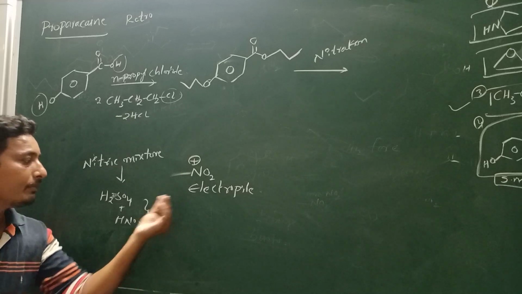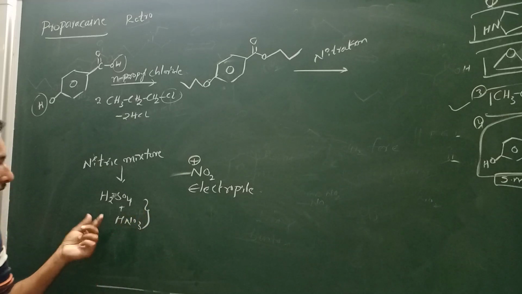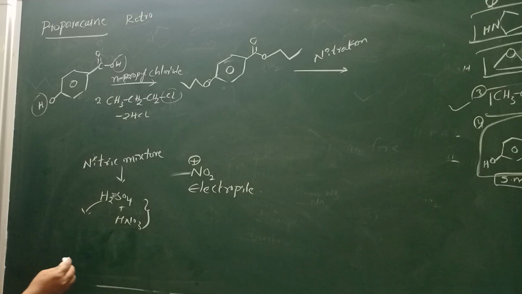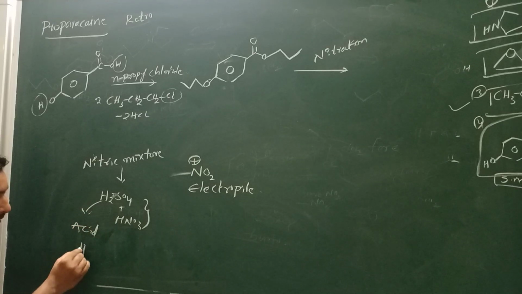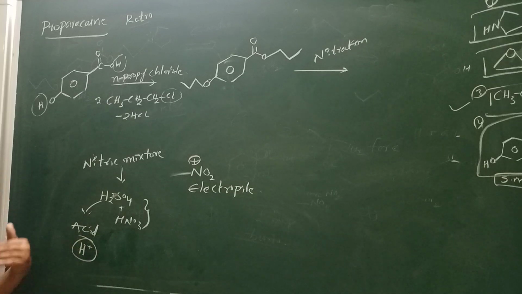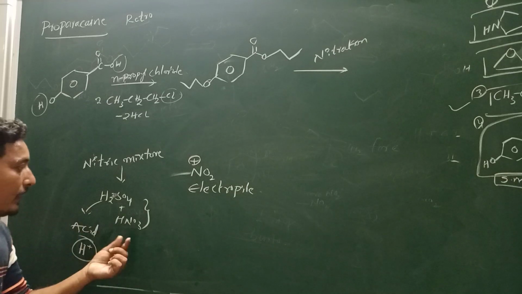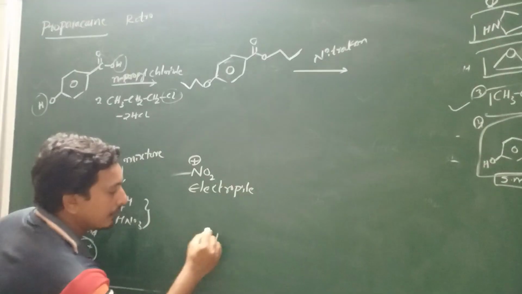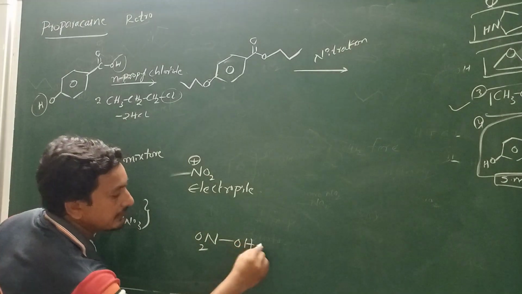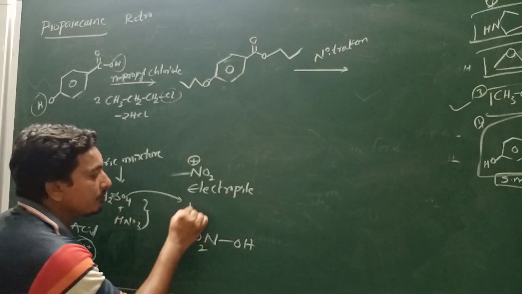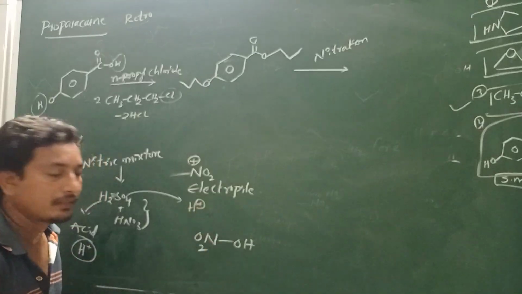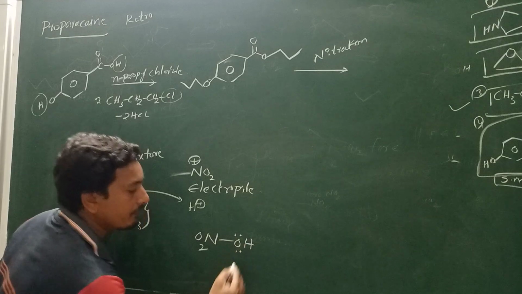How is NO2 coming from this mixture? H2SO4 is the acid, a good source of H plus ion, and I will write HNO3 as NO2OH. The purpose of H2SO4 is that it gives the H plus ion. Here oxygen has a lone pair of electrons.